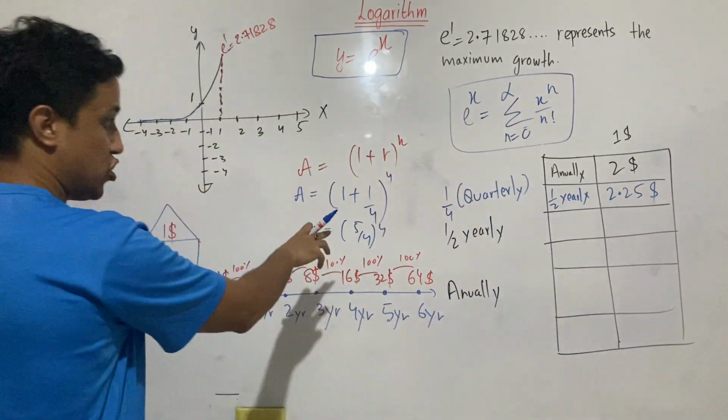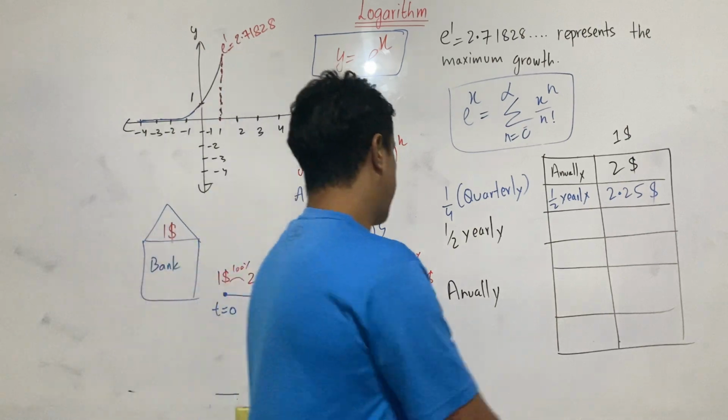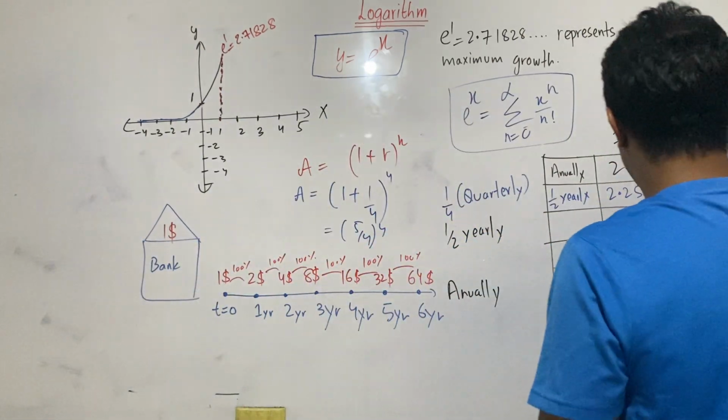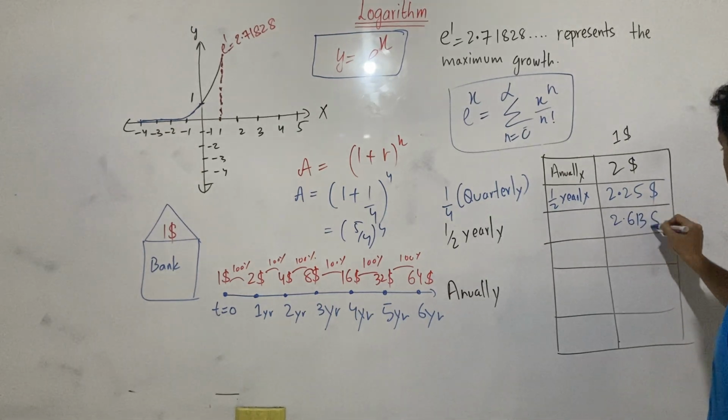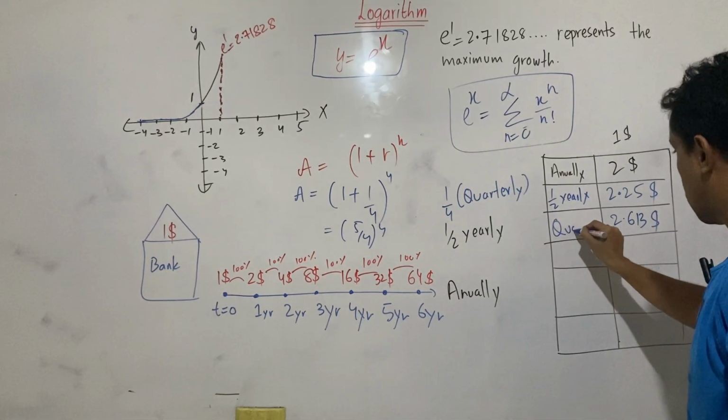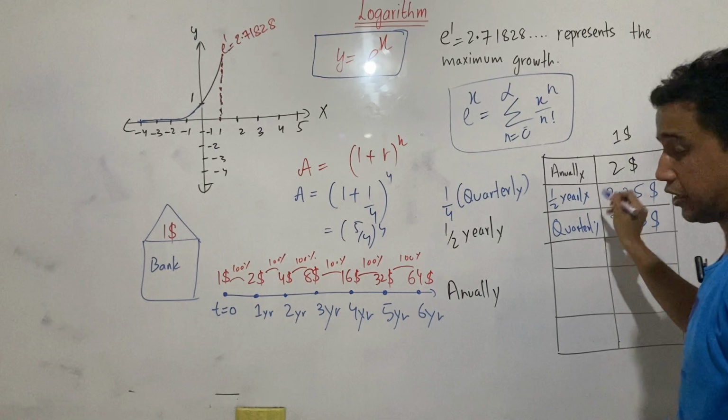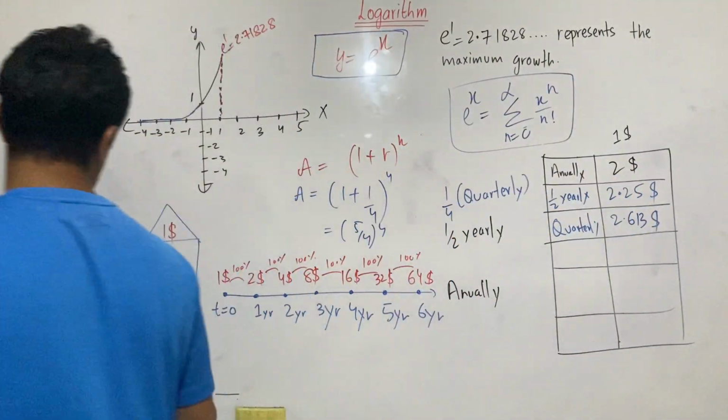So if you calculate all, it's going to be almost $2.613. It's your quarterly.